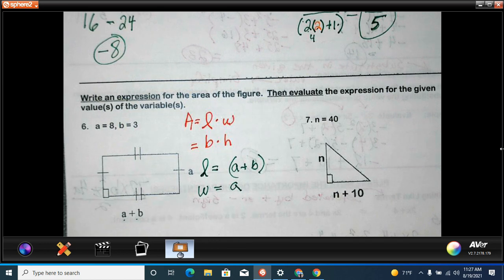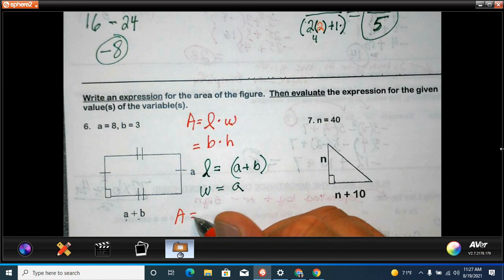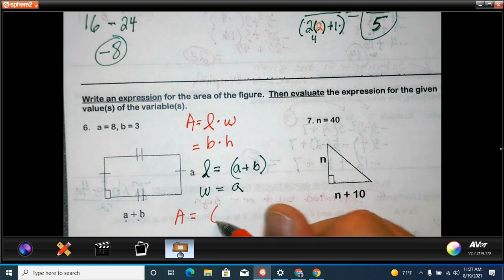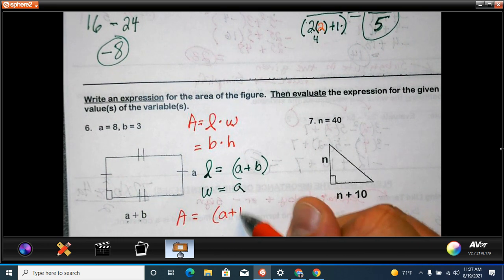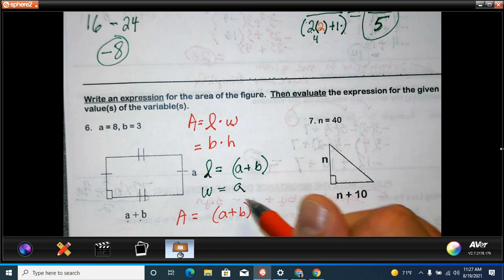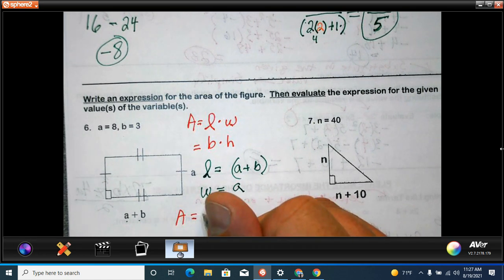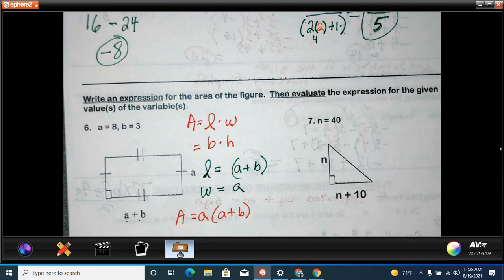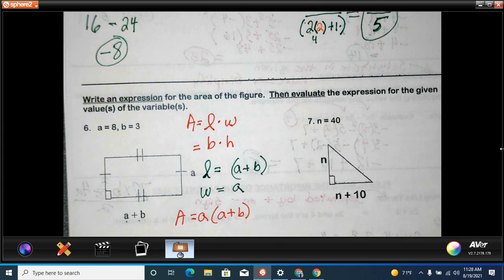So my area is going to equal length times width. And I'm going to put my width in front. Remember, it's multiplication, so I can change the order so that I can more easily use the distributive property.